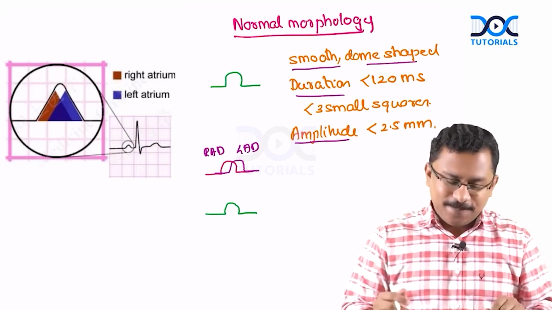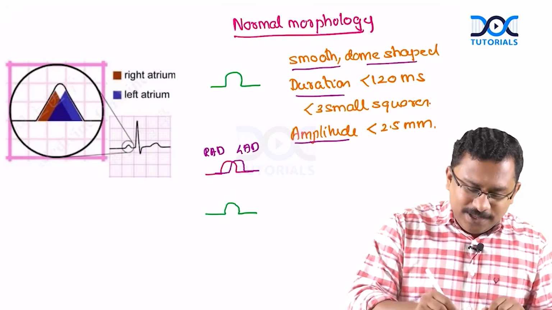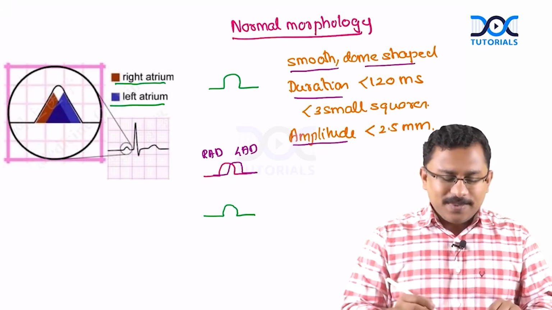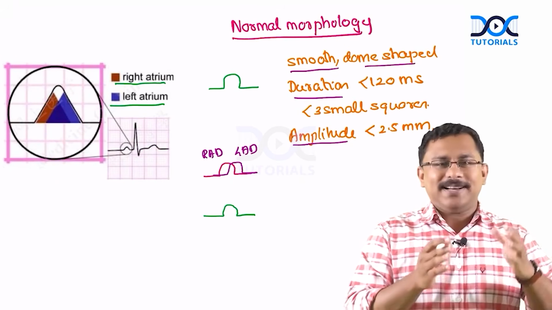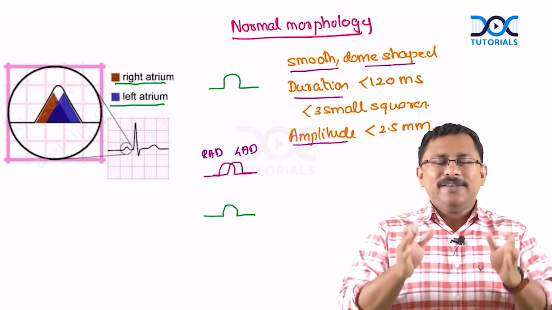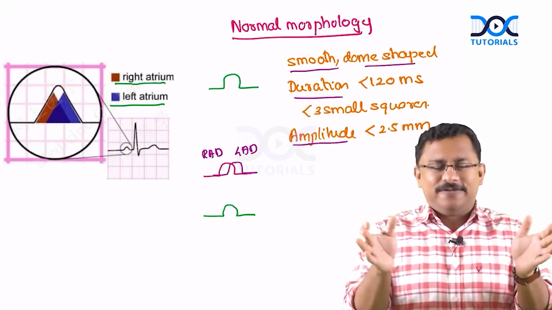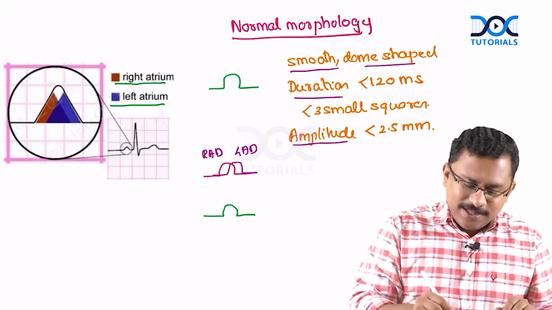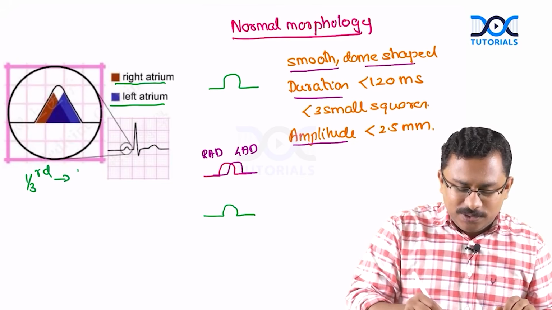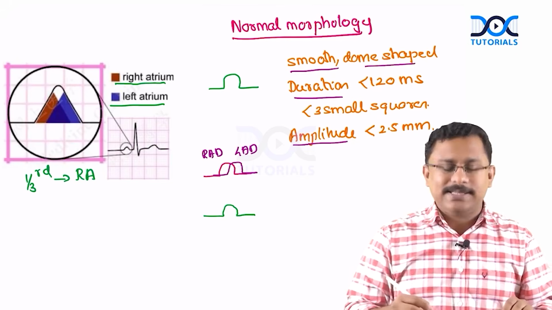It's the summation. Now you see this figure also, the P wave, the right atrium in brown and left atrium in violet. You can see the initial part corresponding to the right atrium and the latter part corresponding to the left atrium. In fact, if you divide the P wave into three parts, the first 1/3 corresponds to right atrial depolarization.